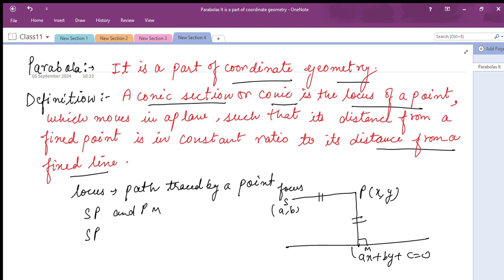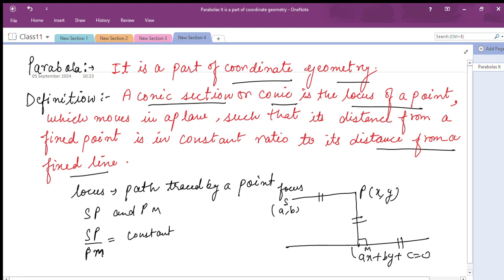So we can write SP upon PM will be constant according to the definition, because the definition says that its distance from a fixed point is in constant ratio to its distance from a fixed line. So the ratio of SP upon PM will be constant.